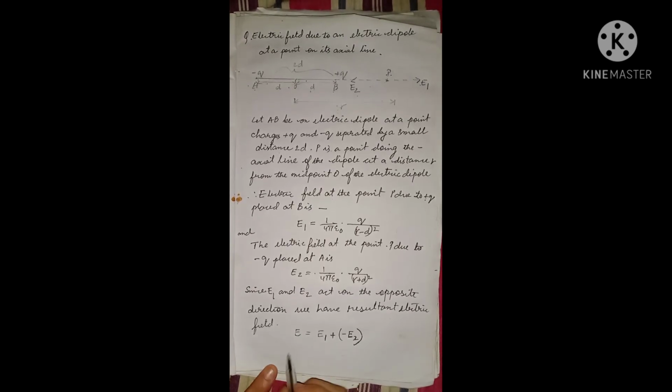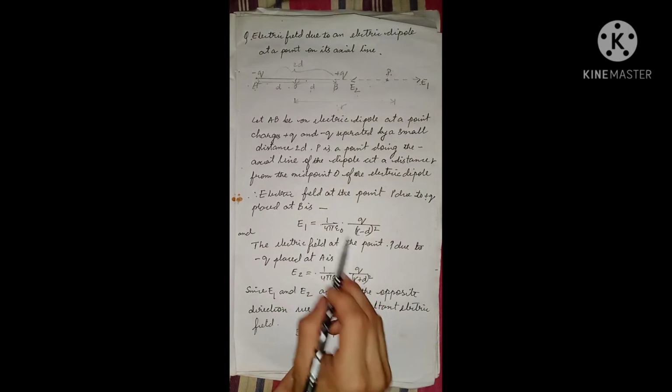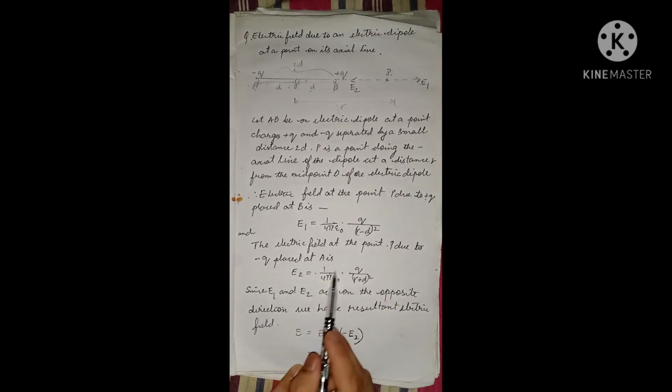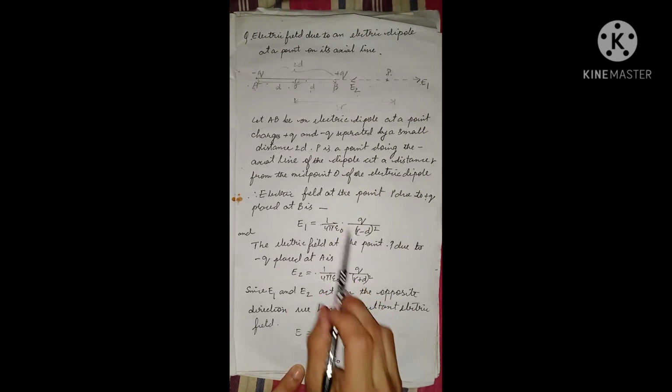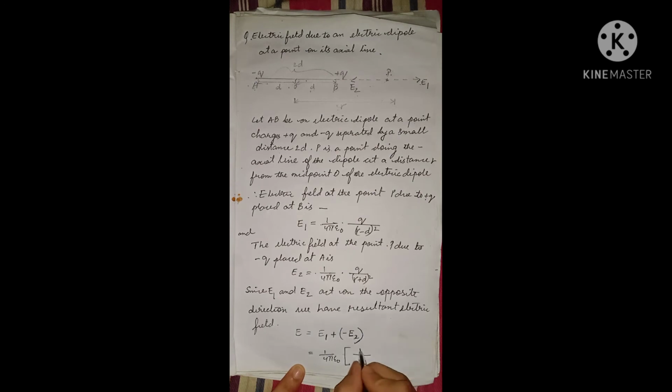Therefore we can write E is equal to 1 by 4 pi epsilon naught into E1, we can substitute. E1 is equal to this one, we have taken common in both, and this one we need to write here: Q by R minus D whole square.